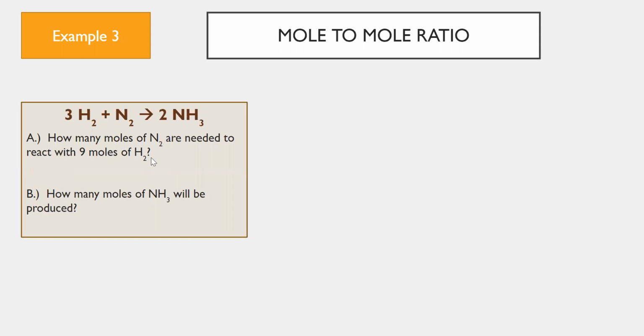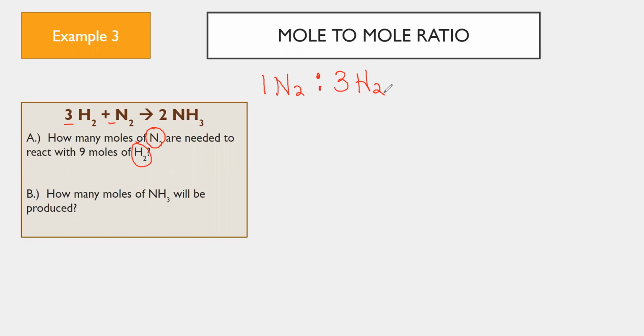Actually, if I could get my annotation tool to work. There we go. So we're going to look at, because they're asking about nitrogen and they're asking about hydrogen. Normally, look, we have 1 nitrogen to every 3 hydrogens.